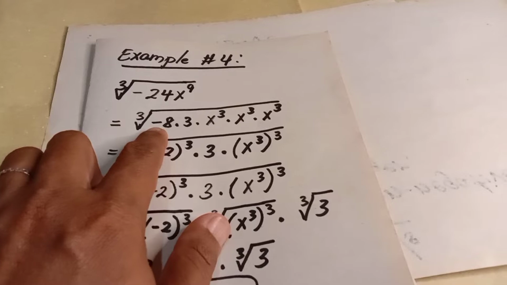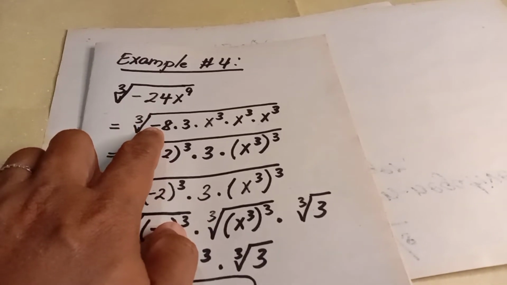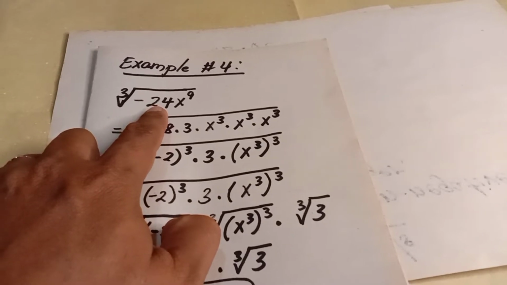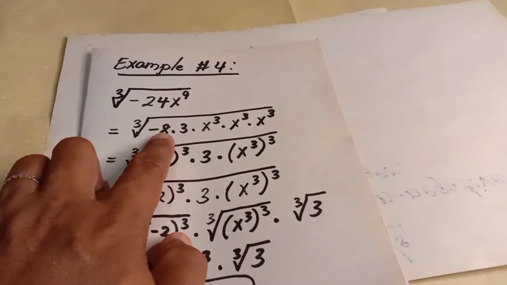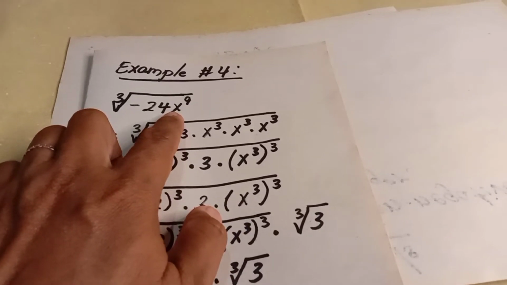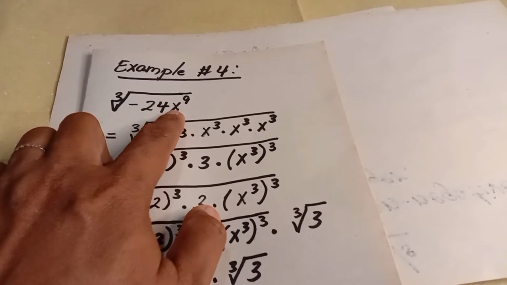So, copy the negative sign of the radical and then the factors of 24 that I use are 8 and 3.